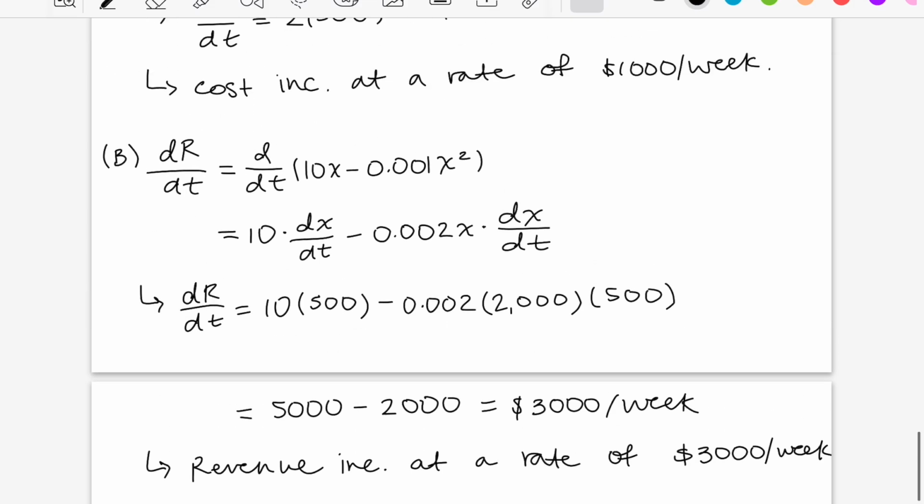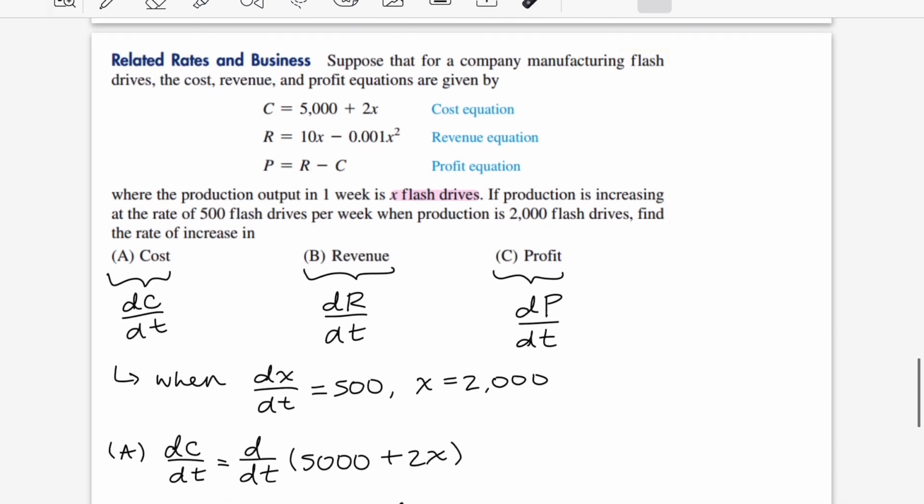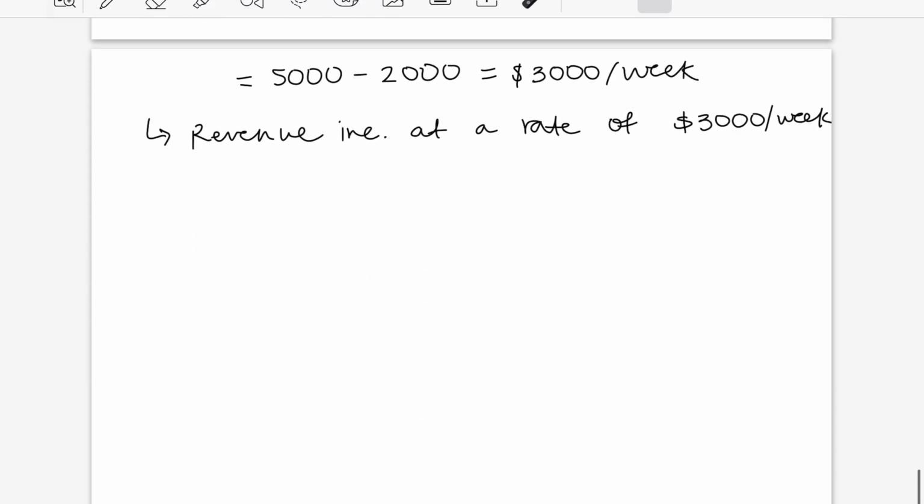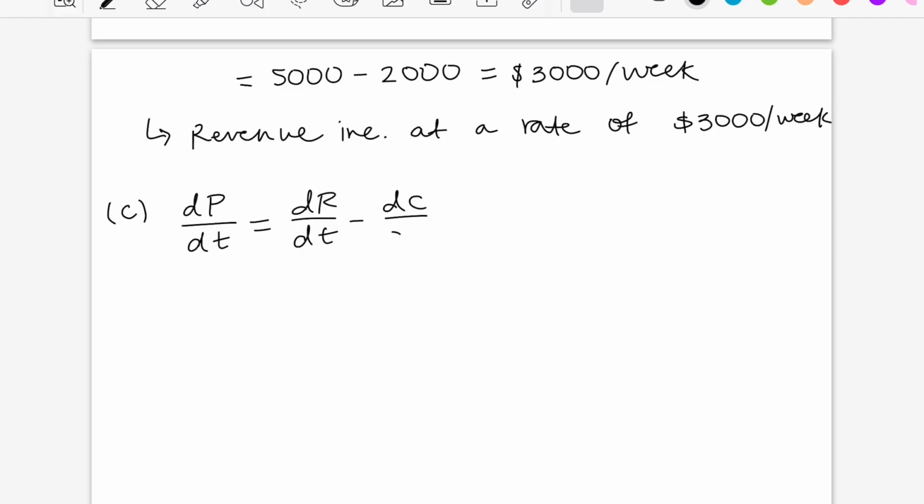All right. And then lastly, we want to find the rate of change of our profit. And so our profit equation is just our revenue minus our cost. So this means dp/dt is going to be dr/dt minus dc/dt.